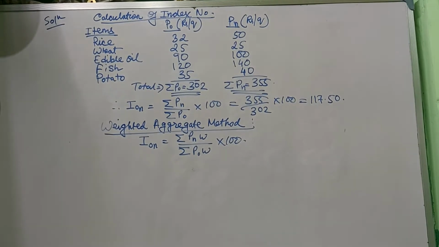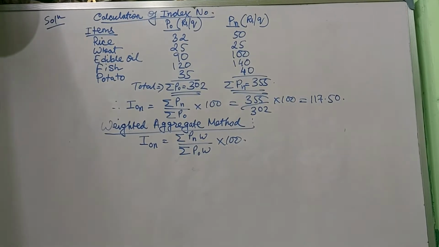Multiplied with weight, you will get the weighted aggregate method. This is the formula.